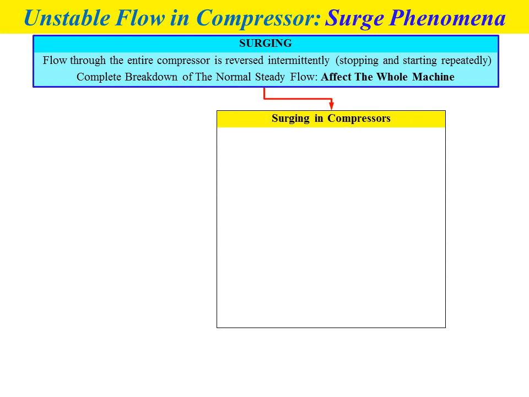In order to explain the surging phenomenon, we need to refer to the compressor maps. The compressor map shows the relationship of pressure rise delta P versus flow rate m dot.